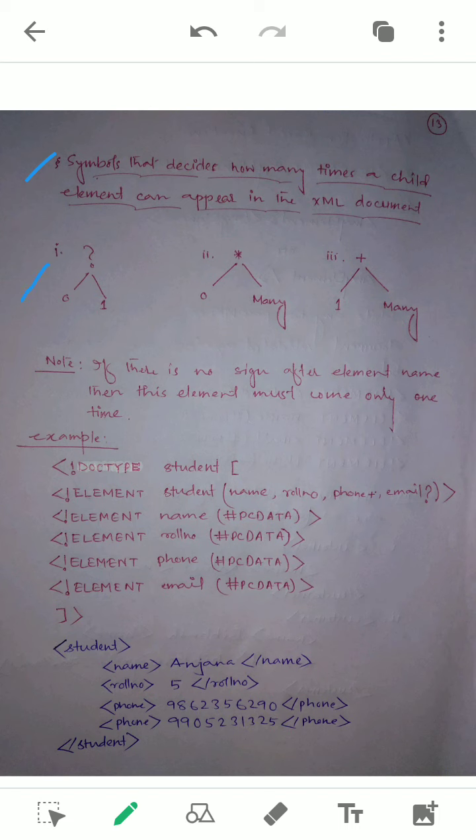If the symbol after the element name in your DTD is a question mark, it means that particular element may not come in your XML, that means 0 times, or it may come only one time. You can omit this element name in your XML, otherwise you can write it only one time.